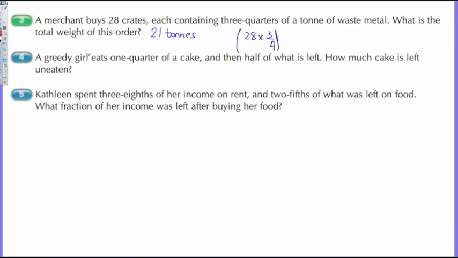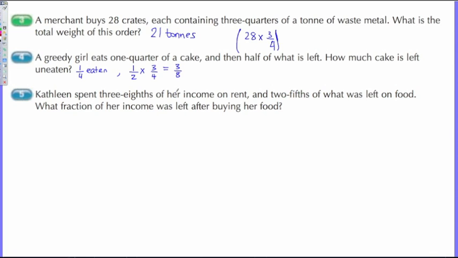The next one, a girl eats 1/4 of a cake, so she eats a quarter. And then she also eats a half of what is left. So she has a half of 3/4 because that's how much she has left. Okay, so a half of 3/4 is going to be 3/8.